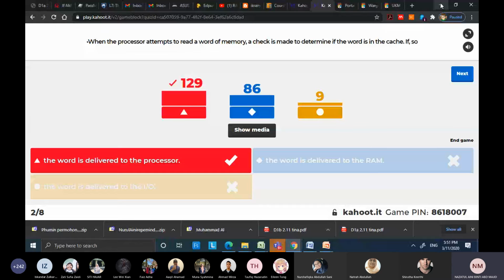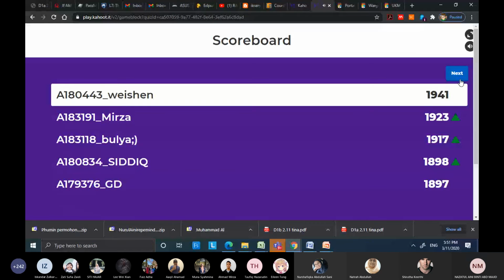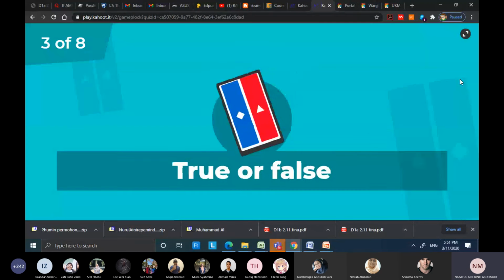The answer is the red one: the word is delivered to the processor. Good question, Mirza, Buya, Siddiq, and GD. Next.